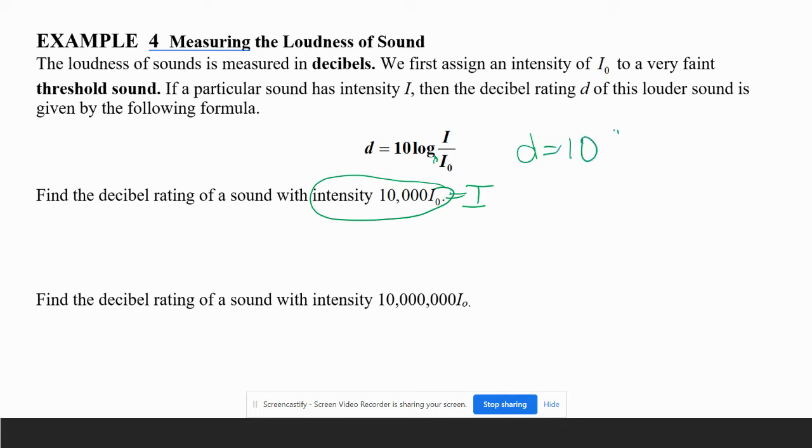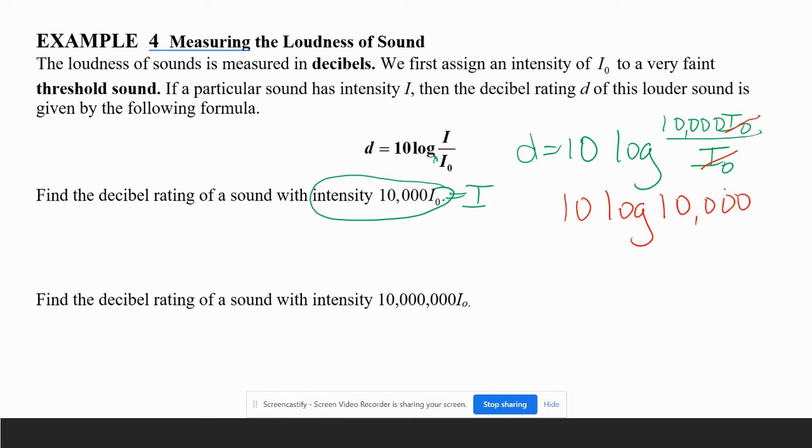D equals 10 times the log of 10,000 times initial intensity over initial intensity. Remember, that's a fraction, so our initial intensities reduce out, and I'm actually just doing 10 times log 10,000 in my calculator, and when I do that, I get 40 decibels.